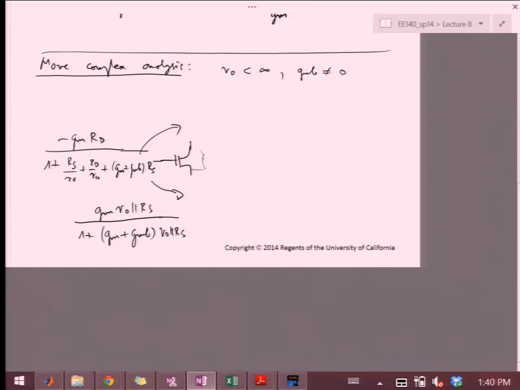So this R naught is really kind of grounded, just like any RS that I may have here. So these two actually get lumped together, are seen in the source, right, as a parallel source resistance. So then it's really GM times whatever is in the source over 1 plus GM that's in the source, and then I just add this degradation from the body. Right?